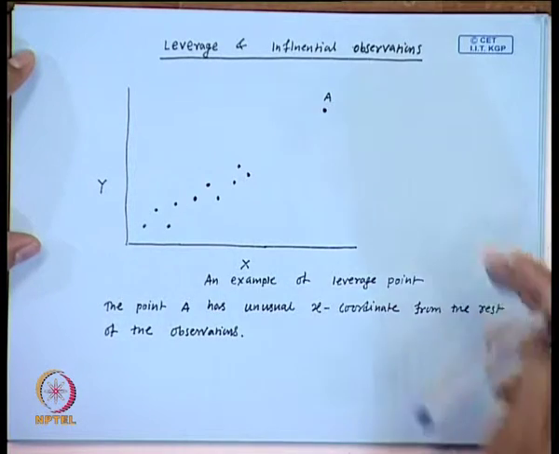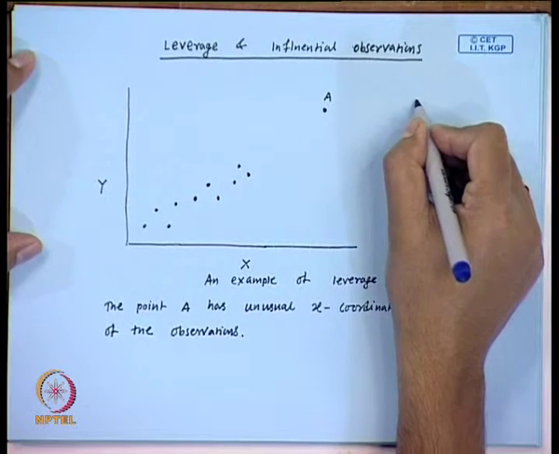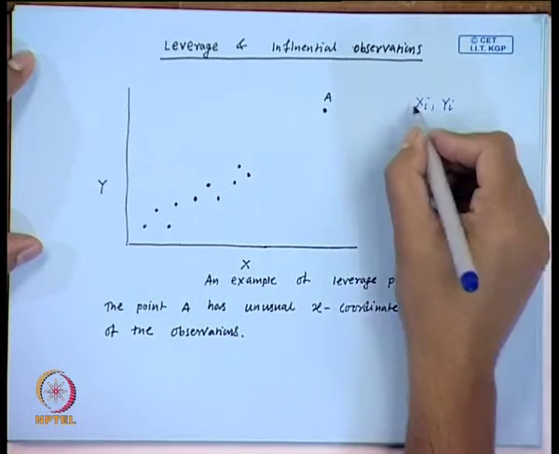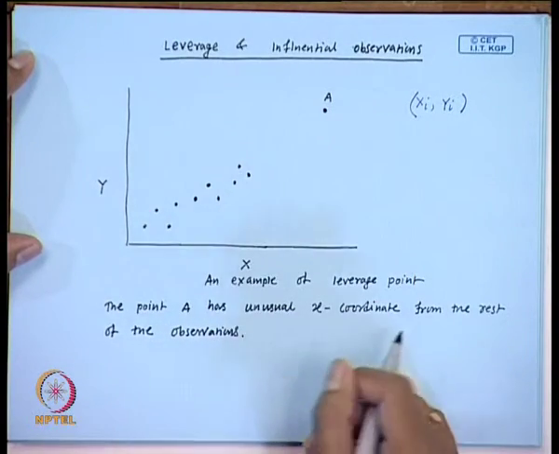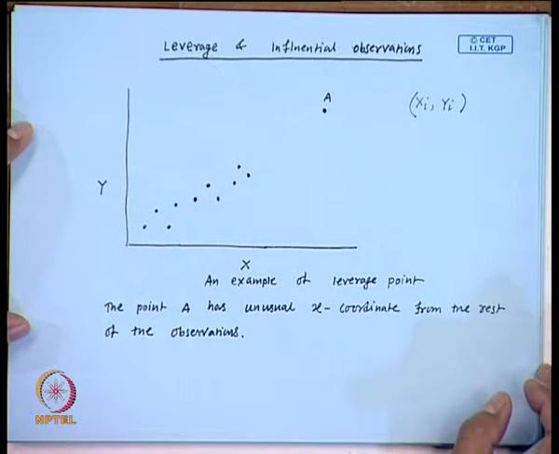So, suppose I have some observations xi, yi, and this is the scatter plot of the given data.